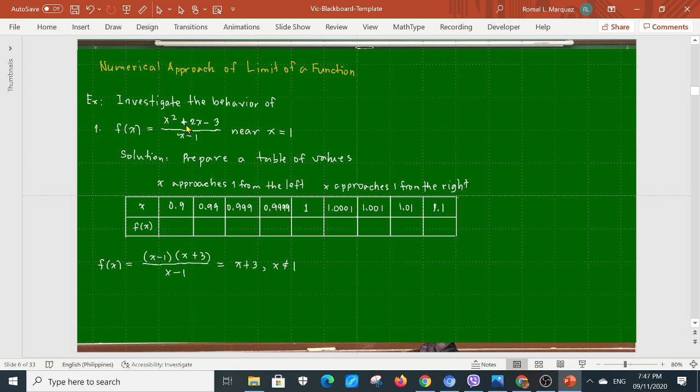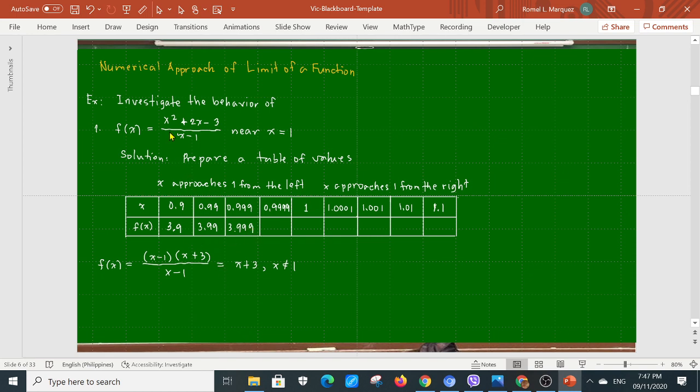What we are assigning, where's my calculator, is less than 1. So 0.9 plus 3. What value do I get? 3.9. So 0.99 plus 3. What do I get? 3.99. 0.999 plus 3, I will get 3.999. Okay?